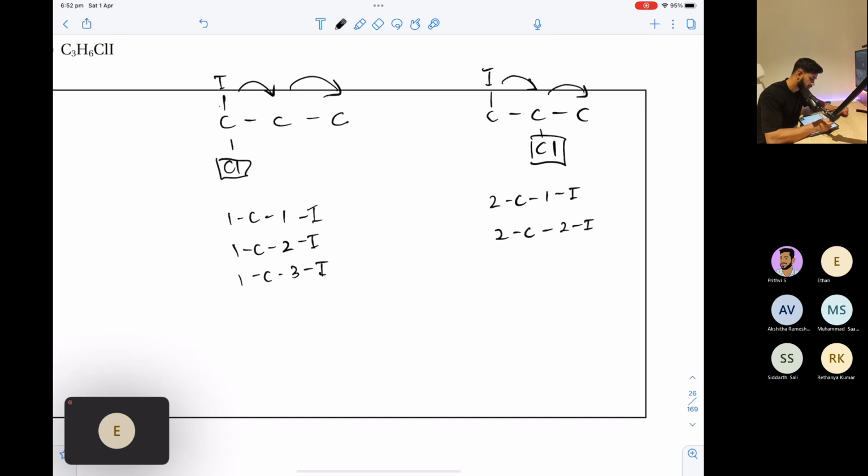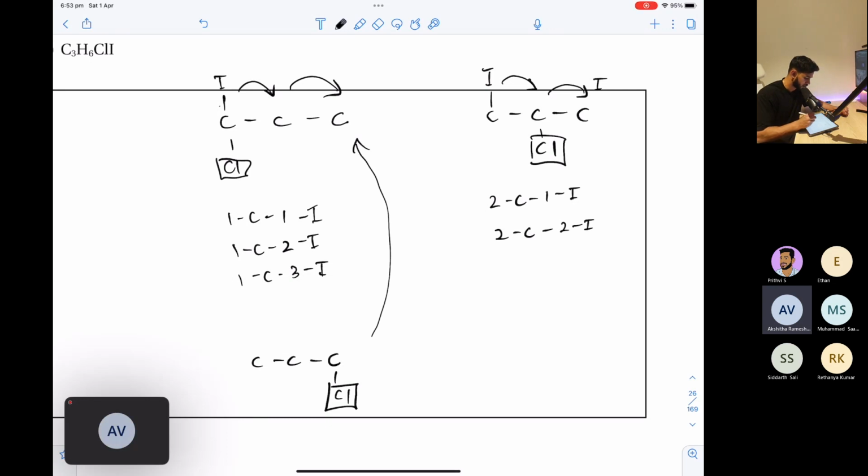And what if you move it there? What would it be called, Ethan? It'll be same as 2 chloro, 1 iodo. Very good. And what if we move the chlorine in the last position? Do we even need to check that, Akshita? Why not? You wouldn't need to check that because it would just start with 1.